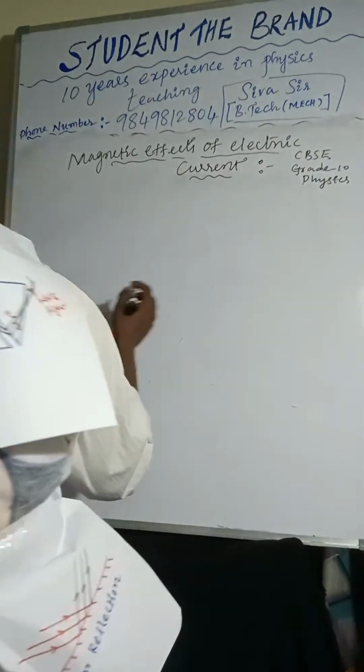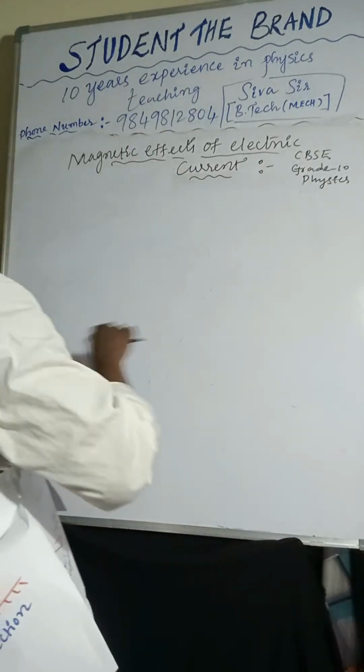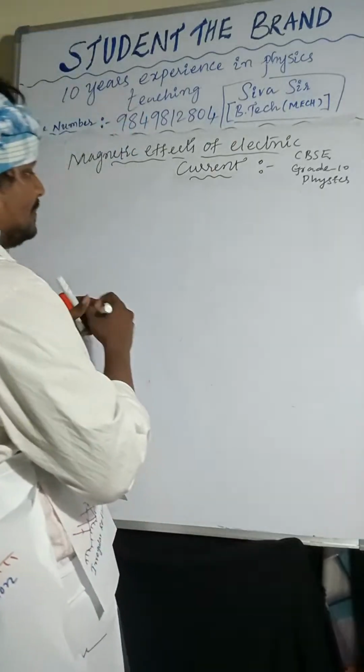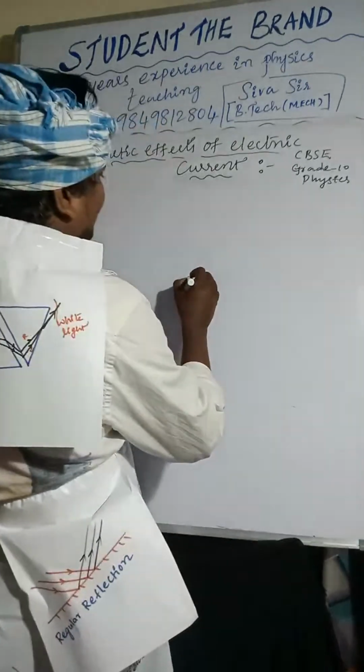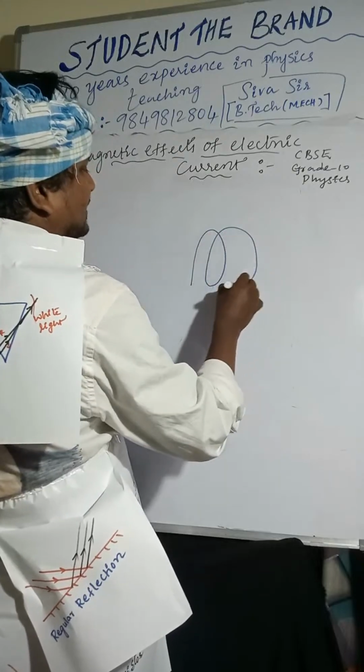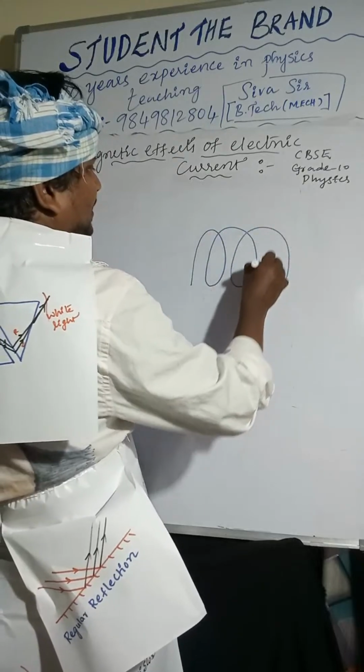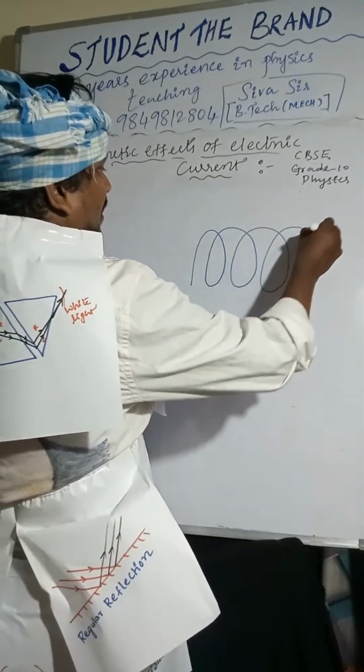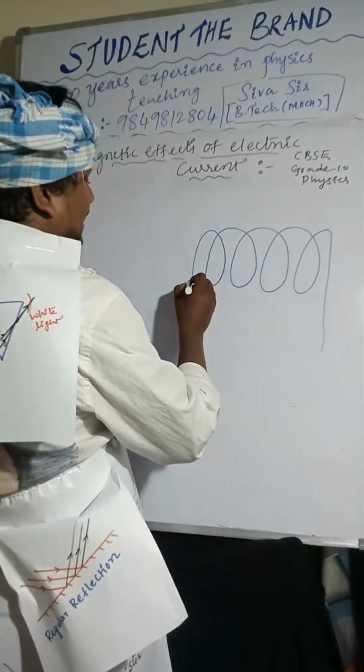As I said, the loops will be in the form of a cylindrical shape. So I'm taking the loops like this. A straight wire we are taking will be bent, or curved, in the form of a cylindrical shape.